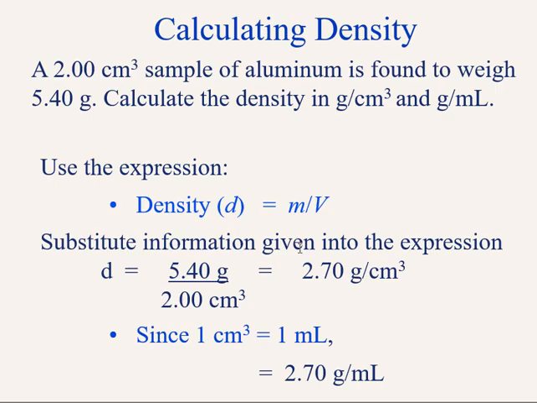Well, since density equals mass over volume, all you do is take the ratio of the mass over volume, solve for this to the right sig figs, and you have your density in grams per centimeter cube. The relationship between centimeter cube and milliliter is 1 centimeter cube equals 1 milliliter. So when we say 2.70 grams per centimeter cube, that's the same as saying 2.70 grams per milliliter. So that's the density of aluminum metal.